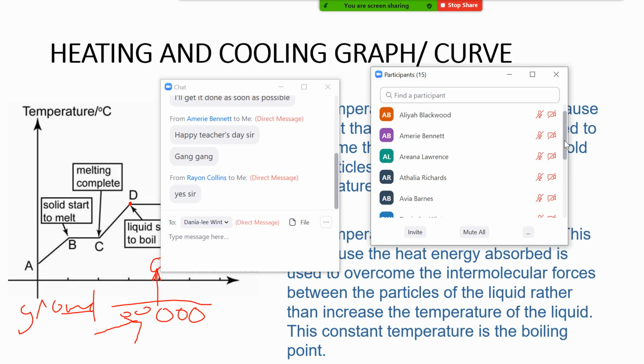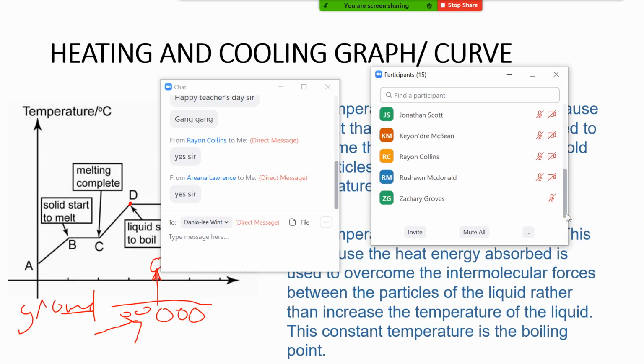I'll start writing down names and calling people's parents, because I can't waste my time. I don't want to waste the parents' time. I'll write down names and see what is going on. So Avia Barnes, I have not heard from her. So what is going on? McDonald, you good, brethren, you understand what is going on?